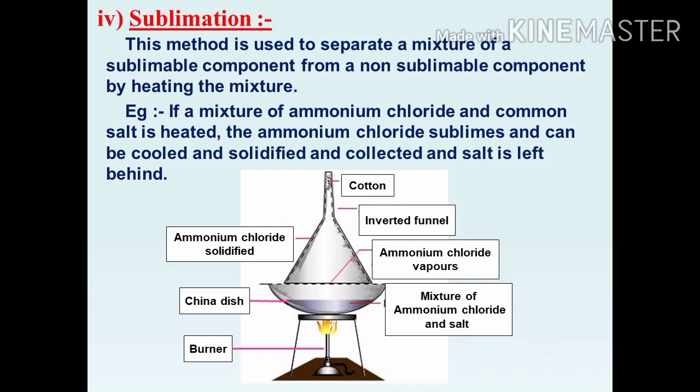That is ammonium chloride vapors. After that, we cool it. Then after cooling, again it becomes solid. Solidification means it is converted to solid in nature and collected. Then in the China dish, we can see that is salt. The salt is left behind in the China dish.